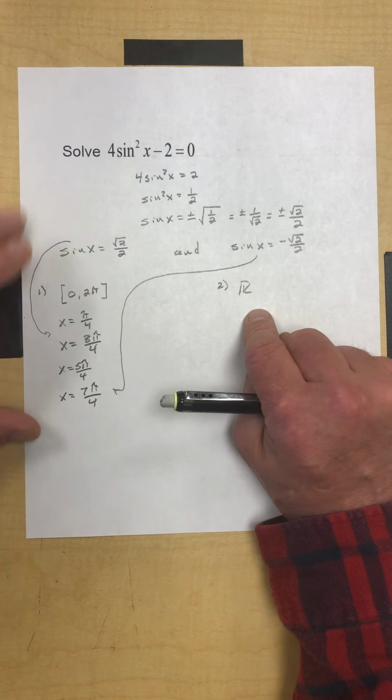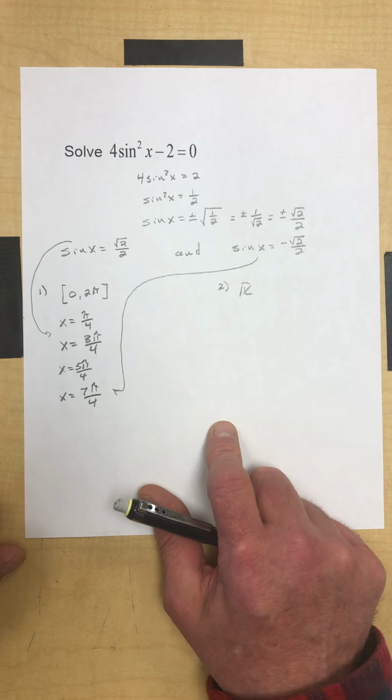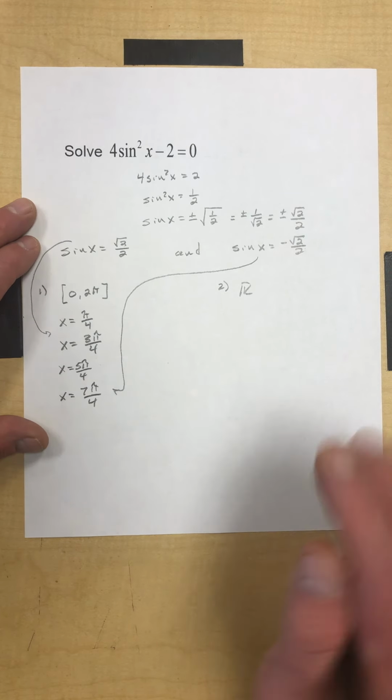So on the set of real numbers, we'd have to take all of these and add even multiples of pi, so 2n pi, where n is an integer.